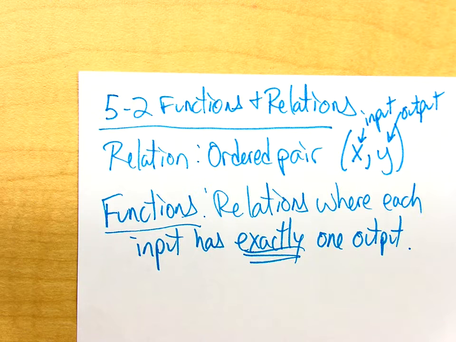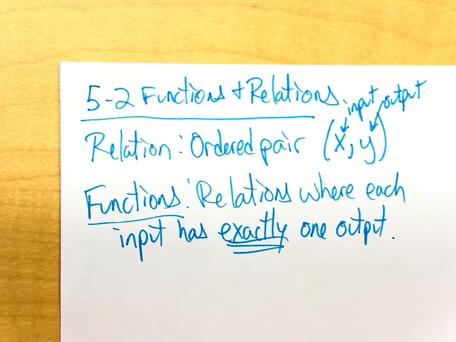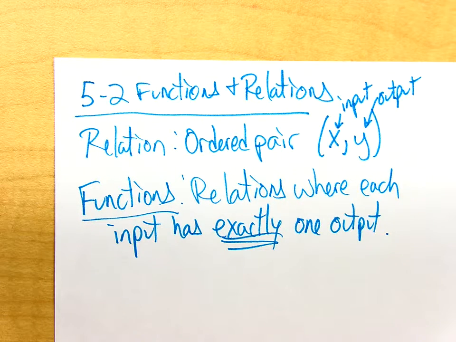Well, that can't be in a function. So functions have to have, when I plug in a number for x, only one number can come out for y. You with me so far? It'll make a little bit more sense, I think, as we do some examples. But let's finish up our vocab first.